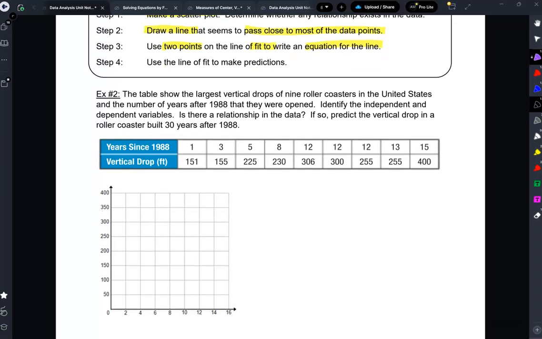So take a look. This is the years since 1988. So 1 year after, this was the vertical drop. 8 years after, there was one with 200 feet vertical drop. Okay. So which one of these is the independent variable? The years. This is the independent variable, and then this is the dependent variable.